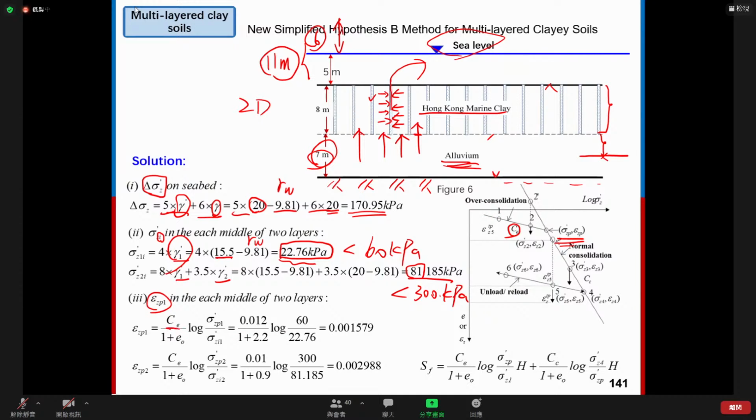So Ce we know, and the final stress here is the pre-consolidation stress, and the initial stress here is the current state, the initial value. So we can easily get the result for the Hong Kong marine clay layer, and also for the alluvium layer. We only utilize this part, because both of them are in the over-consolidated state, right?